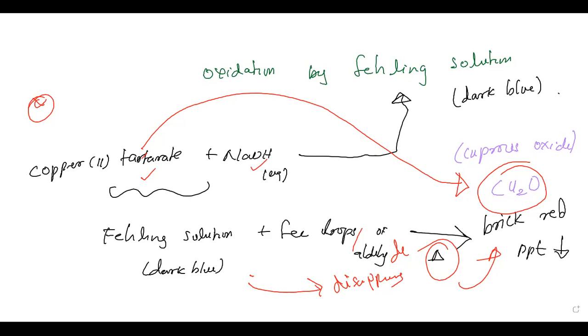So let's rewrite the reaction. Actually, what is happening in the reaction? You have the aldehyde. What is your aldehyde? RCHO, which is reacting with the copper II tartrate. The copper II tartrate you can say Cu2+, the tartrate ion, plus OH minus.